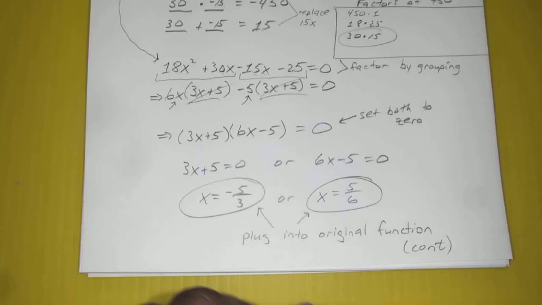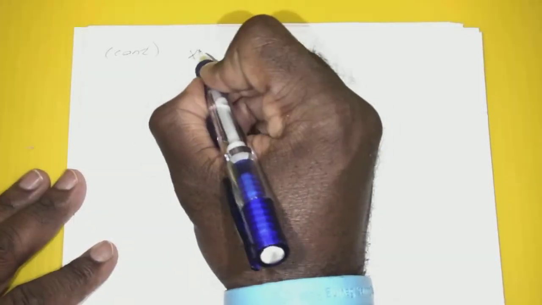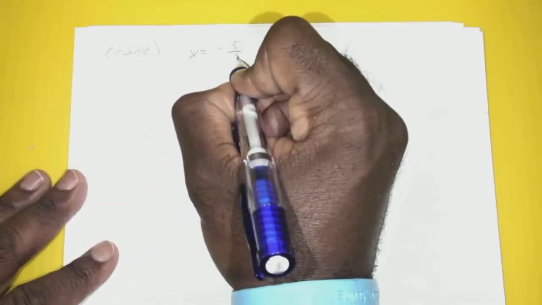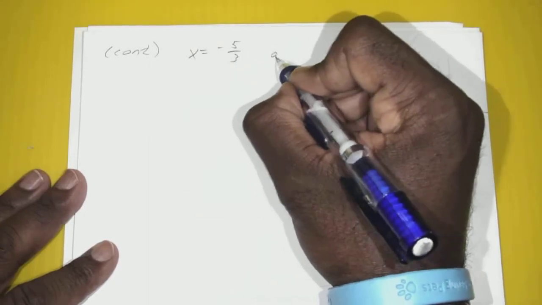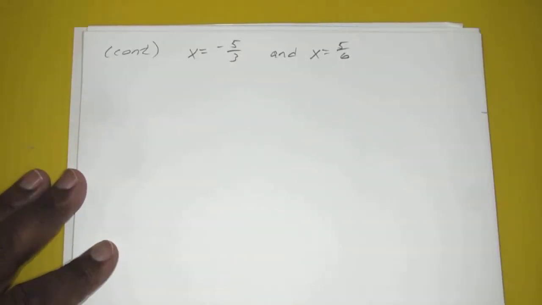Looks like everyone's done writing. Okay, so we know that x is equal to negative 5 over 3, and x is equal to 5 over 6.